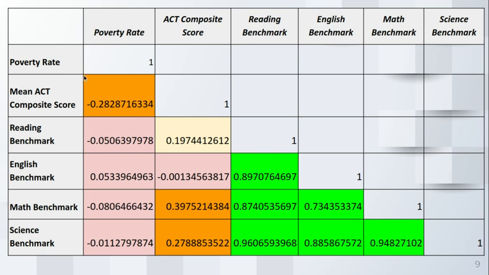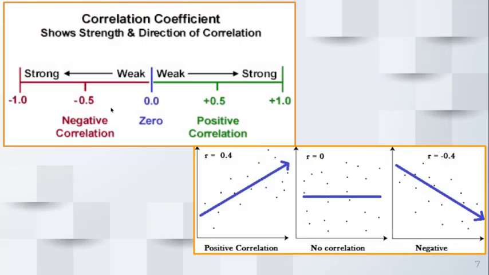When you look at poverty rate compared to mean ACT composite score, it's a negative 0.28. So when we go back and look at that chart, it's somewhere in here. And so it's a weak correlation, and it's negative.